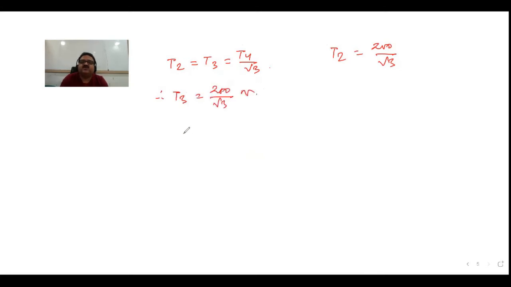And what is the value of T4? T4 is equal to root 3 into T2, that is root 3 into 200 by root 3, and that is equal to 200 Newton.